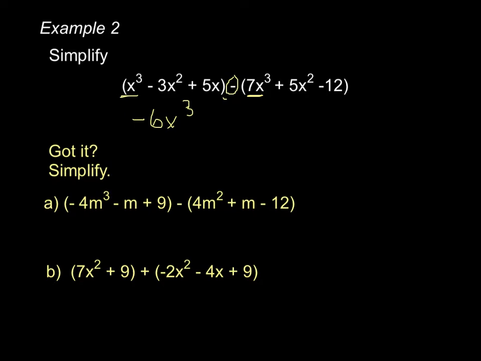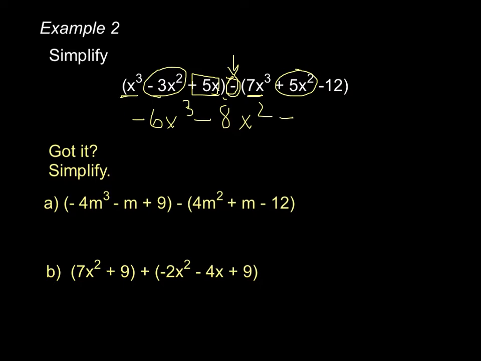Then I move to the x squareds. I've got a negative 3x squared minus 5x squared. So negative 3 minus 5 gives me negative 8x squared. Then I go to my linear terms. I've got a 5x in the front polynomial, but notice in the second polynomial there is no x term.